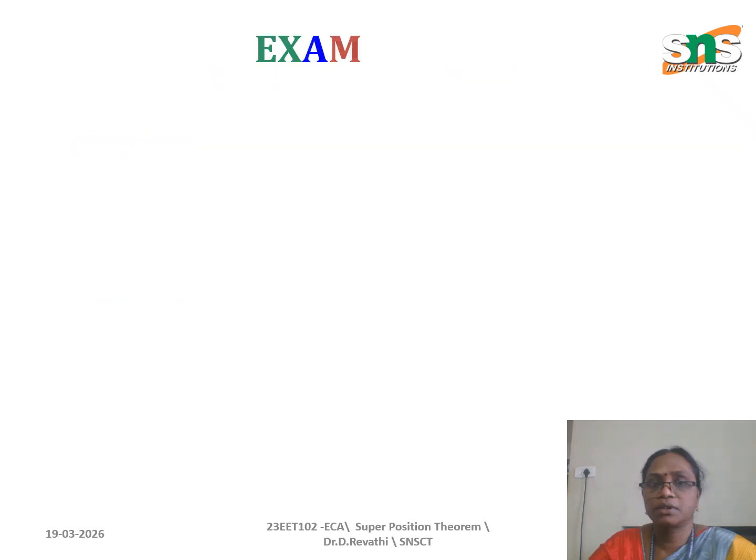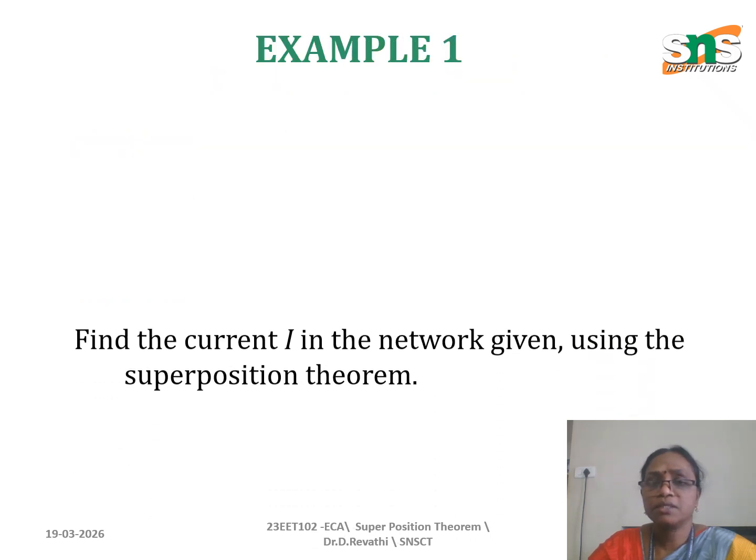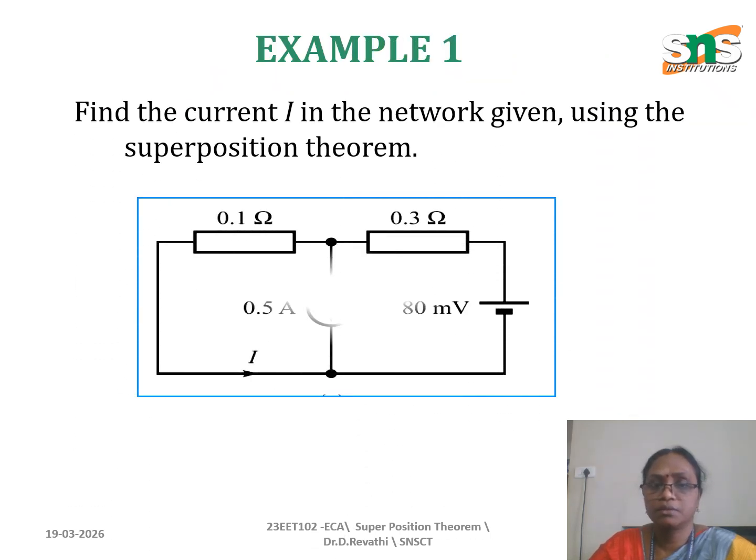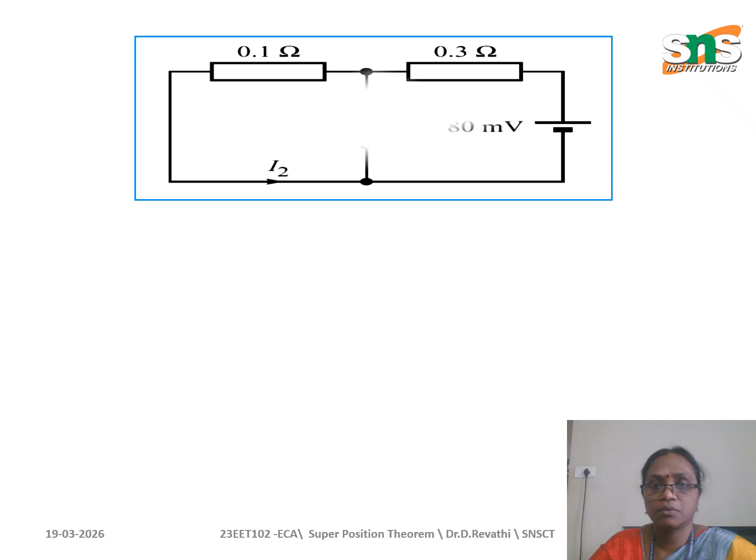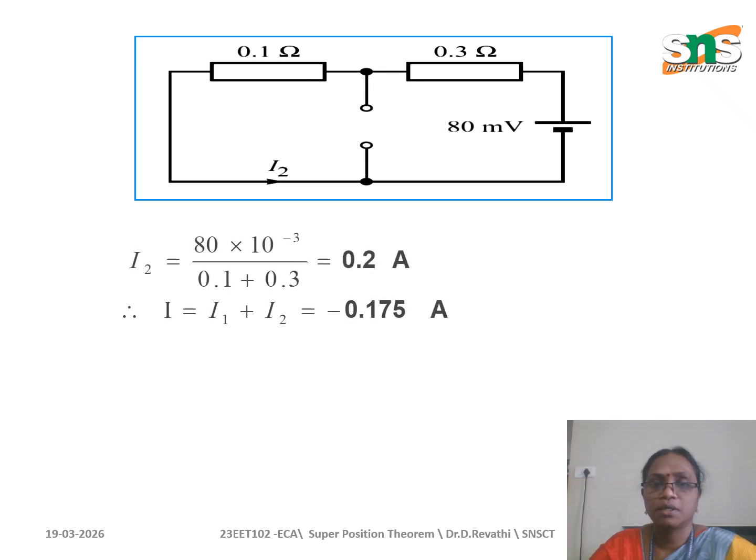I am considering example 1. We have to find the current. This circuit consists of a voltage source and also a current source. First we consider the voltage source, so the current source will be open. That current we call I2.